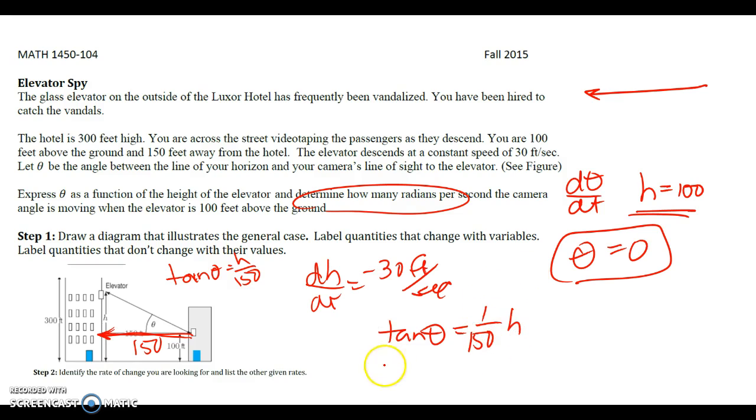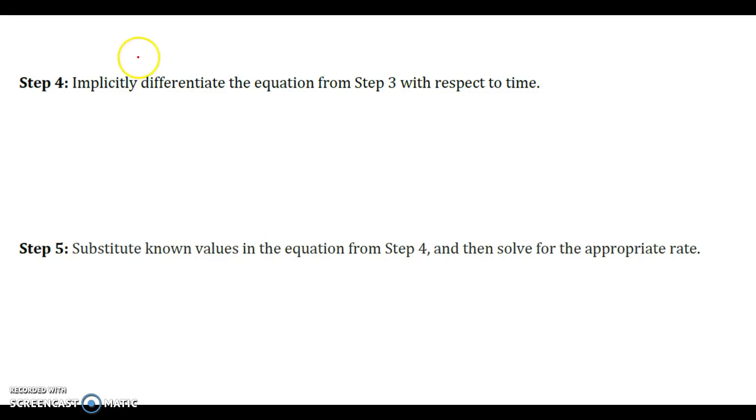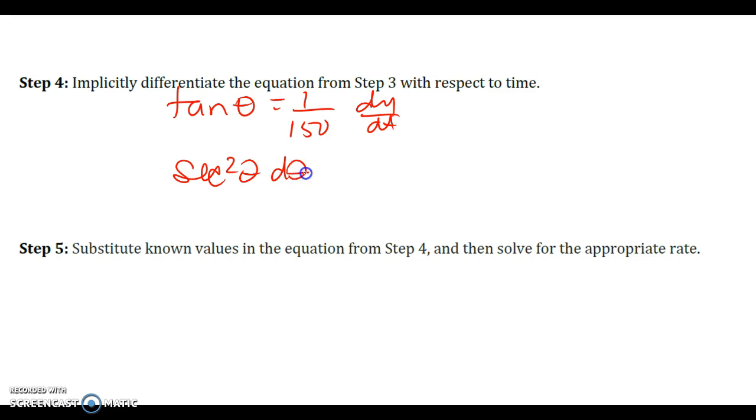Okay, let's differentiate it. That's on the next page. So secant squared theta d theta dt equals 1 over 150 dh dt.